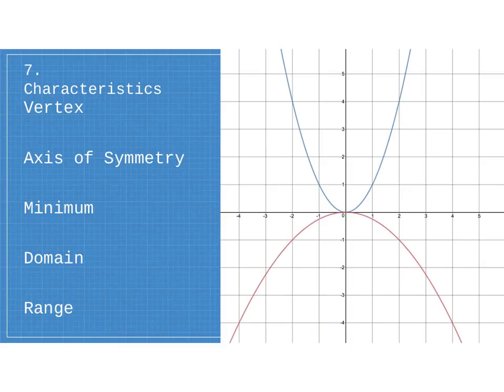Okay, so as we look at this one, our g of x this time is a negative 1/2 x squared. Our vertex is at 0, 0. Axis of symmetry, x equals 0. Again, this should be a maximum at y equals 0.